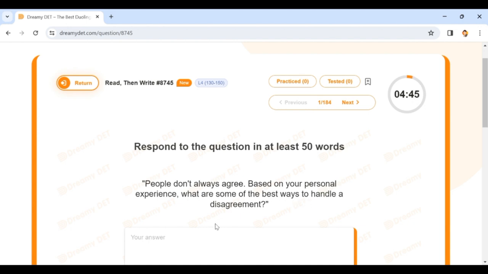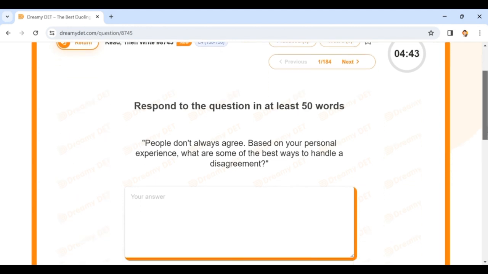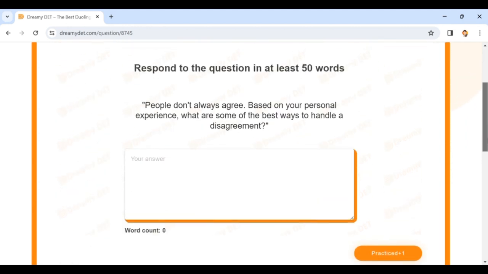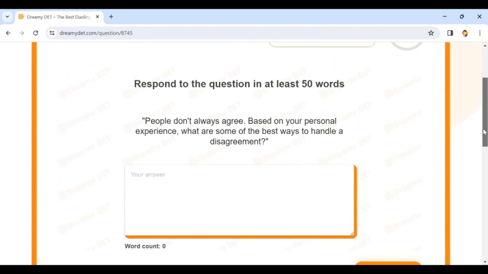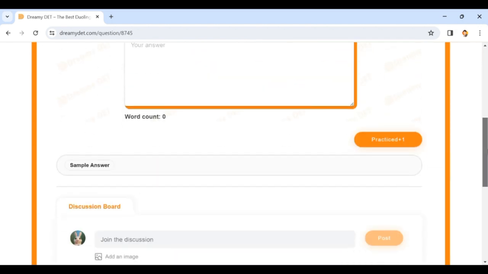So you are required to respond in at least 50 words, and you are given 5 minutes for it, just like the actual Duolingo English test. But if you don't know how to respond to this one, or if you don't have any ideas on the best way to respond to this question, then you are given the sample answer, which you can see.